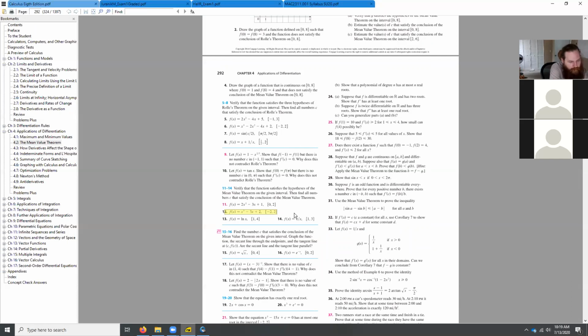We're going to verify that f of x equals x cubed minus 3x plus 2 satisfies MVT on the interval -2 to 2, and find the number C guaranteed by MVT.